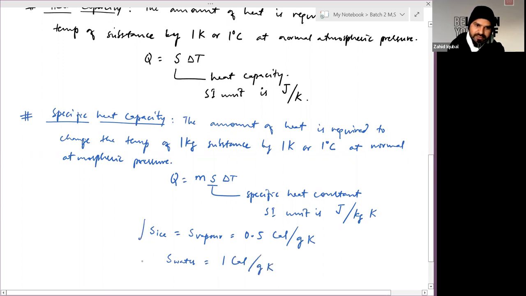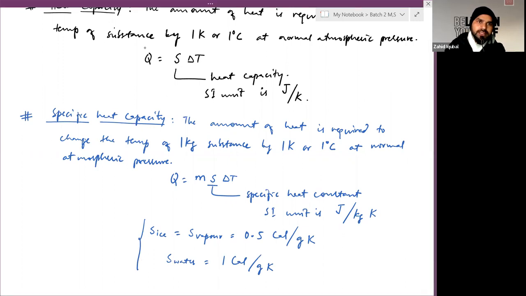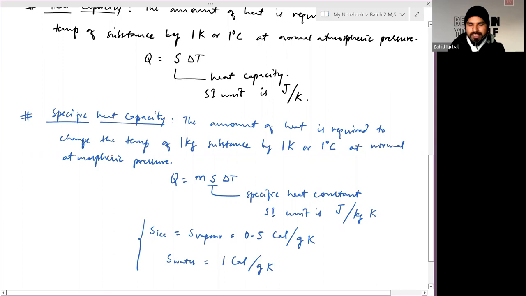Now in this part, I have written in terms of calorie and gram, which is easy to learn. If you have to convert it into SI unit, 1 calorie equals 4.186 joule, or you may write it as 4.2 joule.